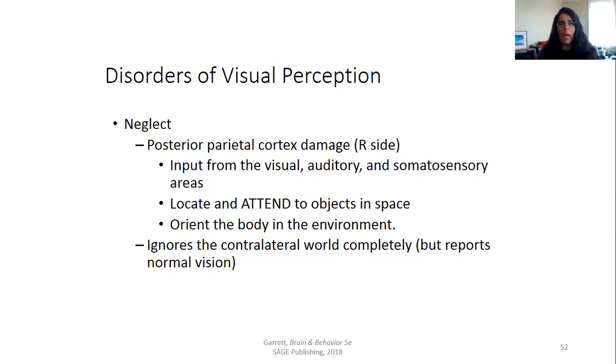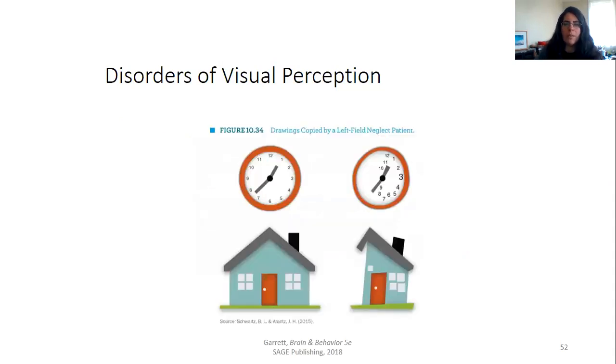They report having normal vision, but let's say you ask a patient who has this type of damage to draw a clock, right? They will put all of the numbers on only one portion of it. They completely ignore that the other half exists. Now, if you move the position of this clock to a different area of their visual field, they'll fill in this section and completely ignore another portion of their visual field.